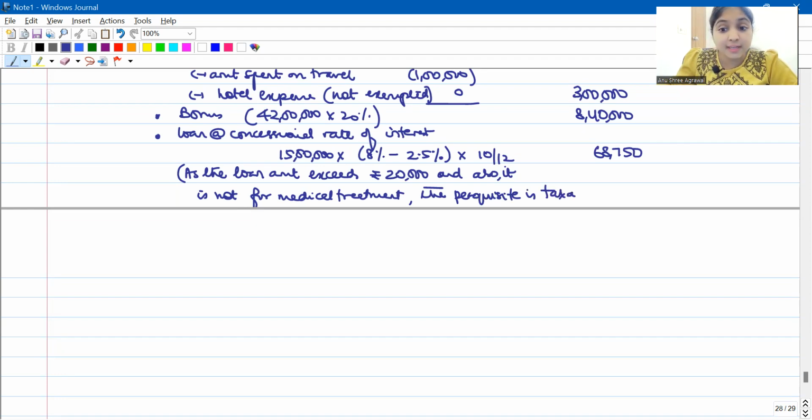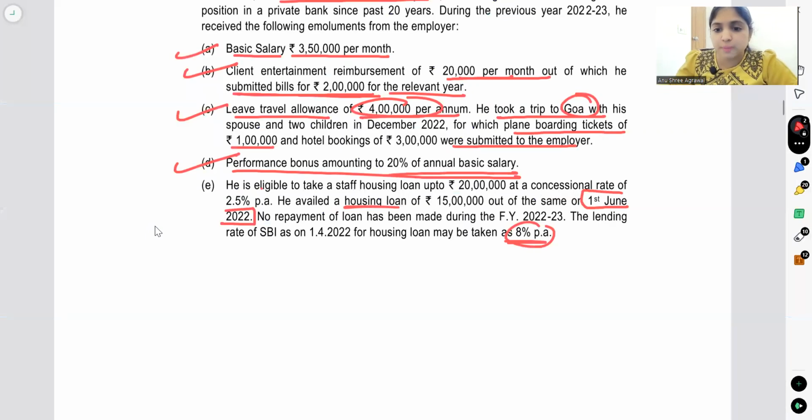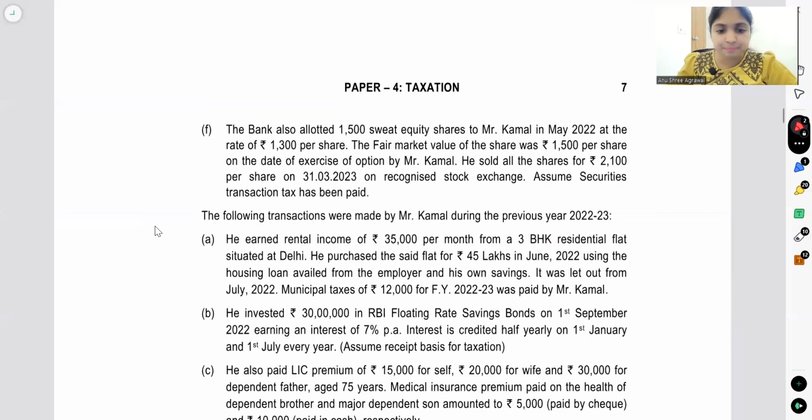By writing this, we are telling the examiner that we've thought about both these points. It is more than 20,000. It is also not for medical treatment. Therefore, the perquisite is taxable. So we saw the concession. To the extent of the concession, it's going to be taxable. We've taken this loan for what, by the way? We've taken this loan for the purpose of a housing loan.